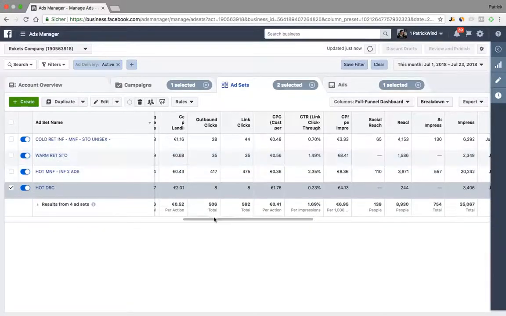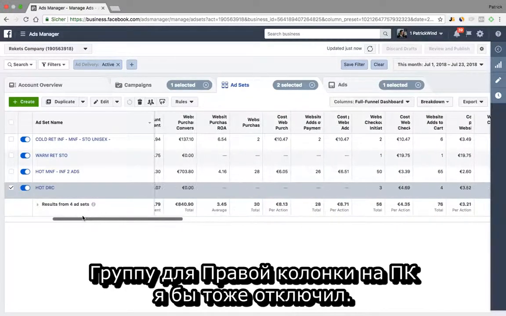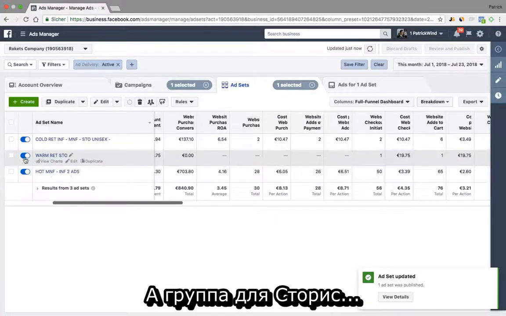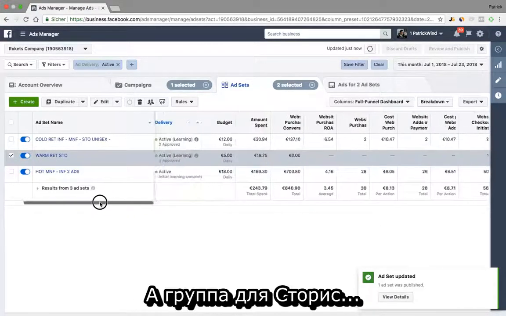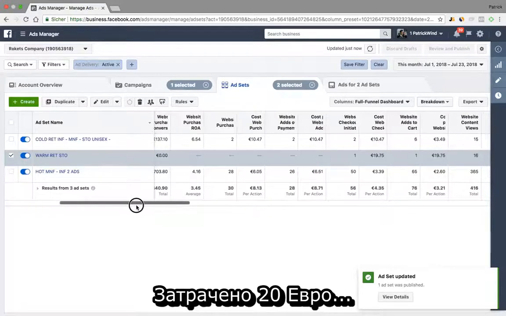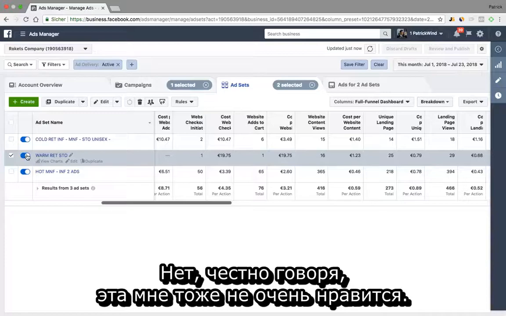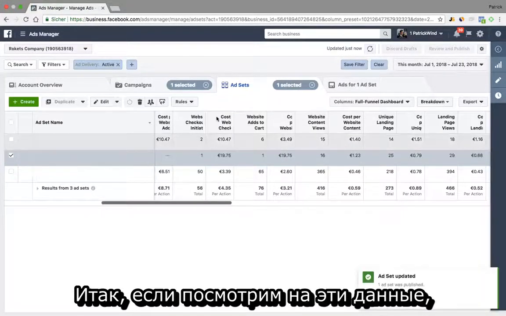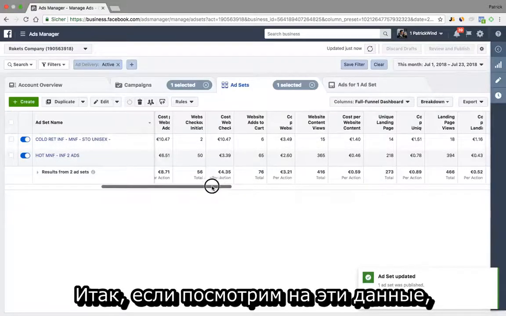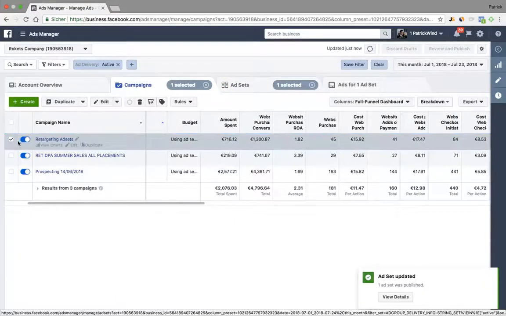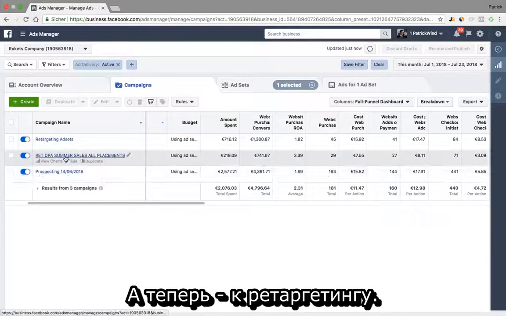So the one for desktop right column, I would actually also not continue. And the one for stories, we spent 20 euros, only brought one checkout. No, I also don't like this one too much, to be honest. So if I just take a look at the performance we got here, this would be the right way to optimize.